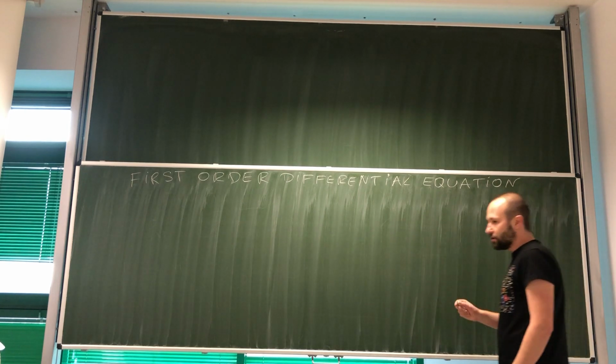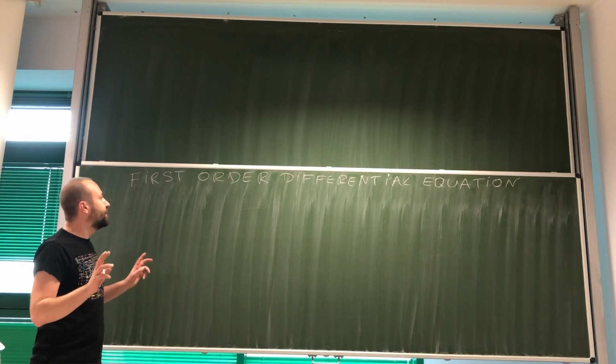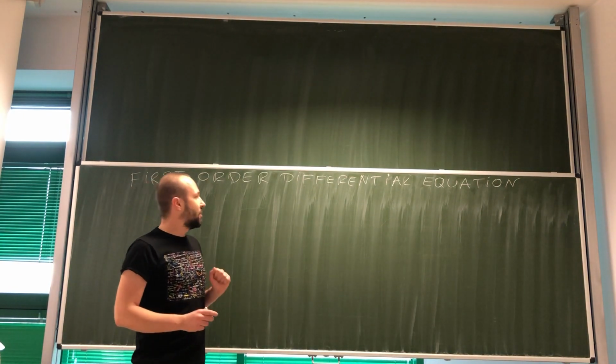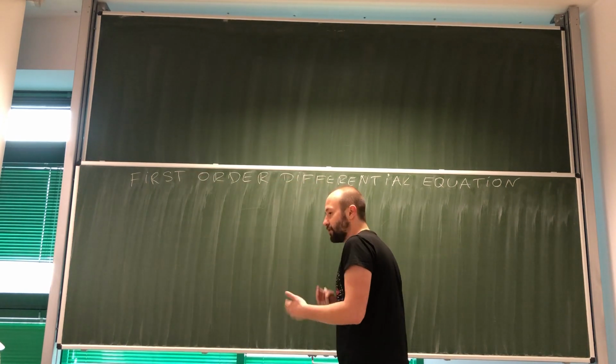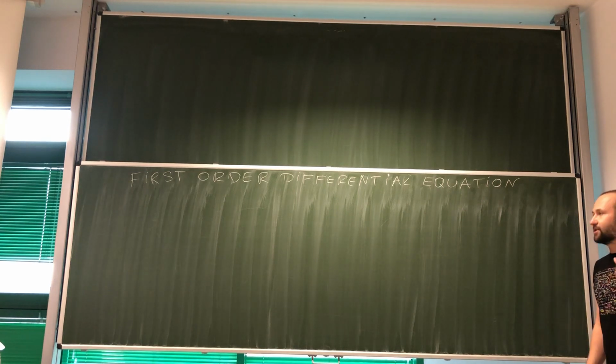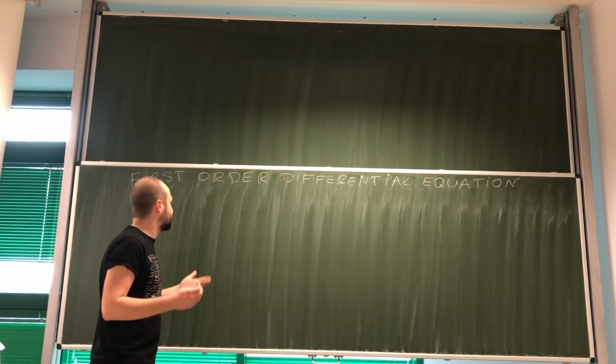And we are also going to deal only with so-called linear differential equations, or in other words, differential equations of the first degree. So let me show you how an equation like this looks.